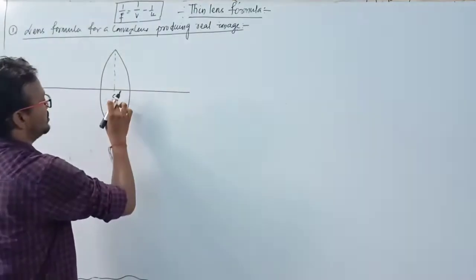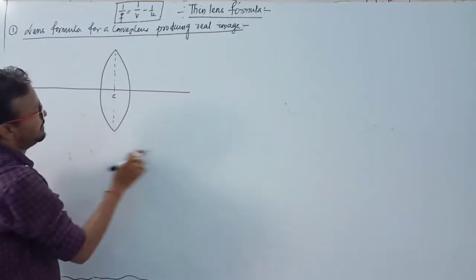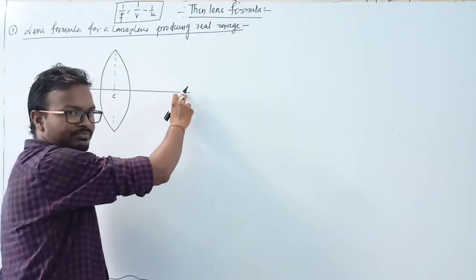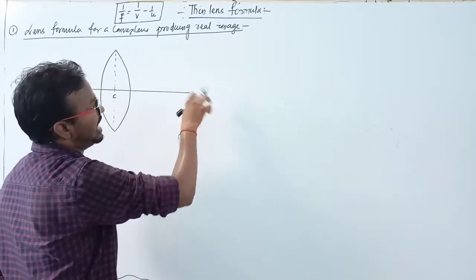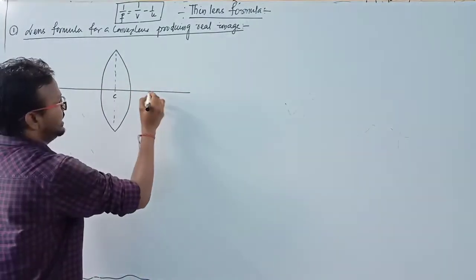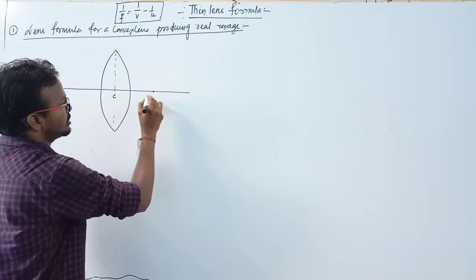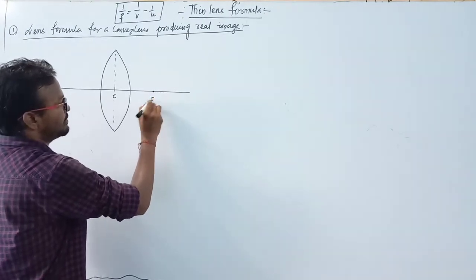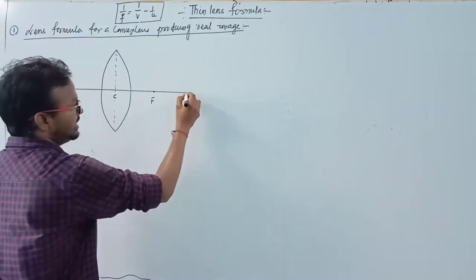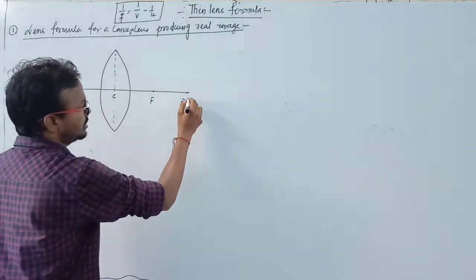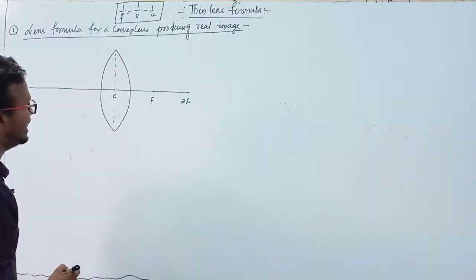Clear? We already know this is the center of curvature of the first refracting surface, so we can write C1. C1 means r equal to 2f, and this point is the focus point, f, and this distance is 2f.